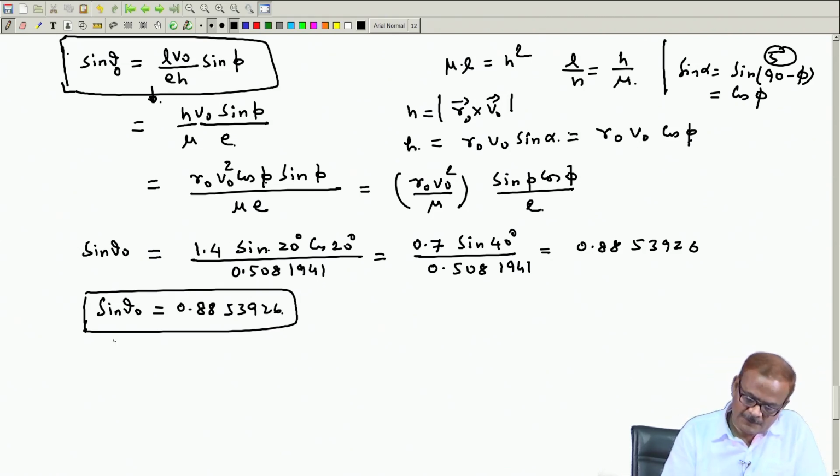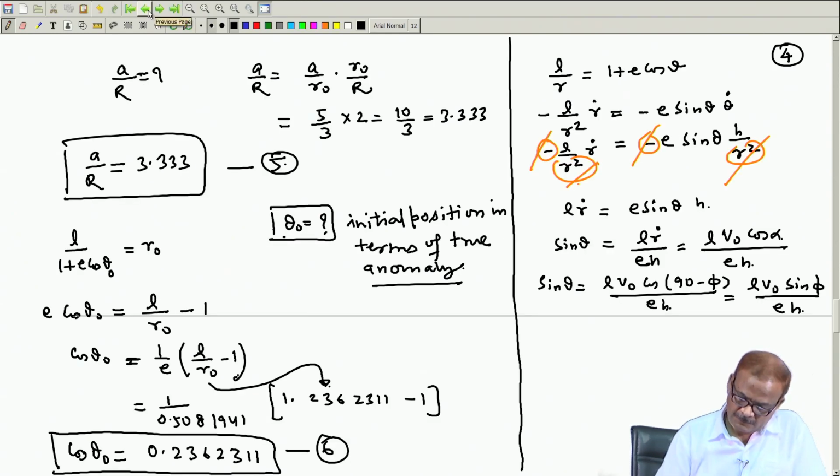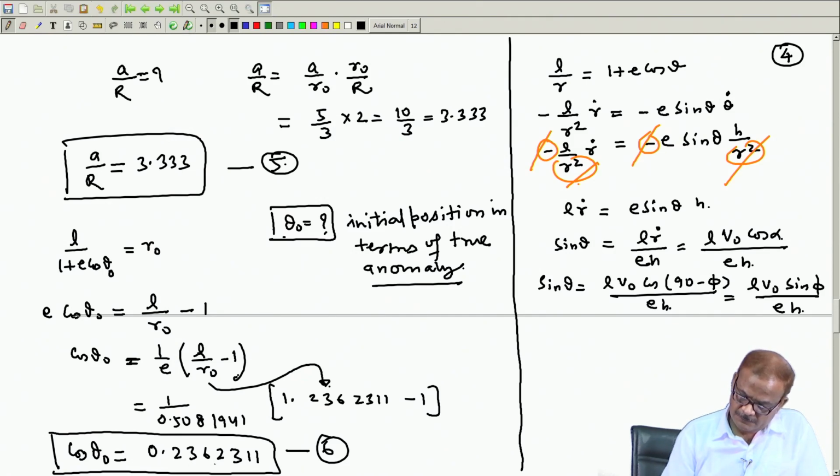And cos theta 0 we have got as 0.2362311.